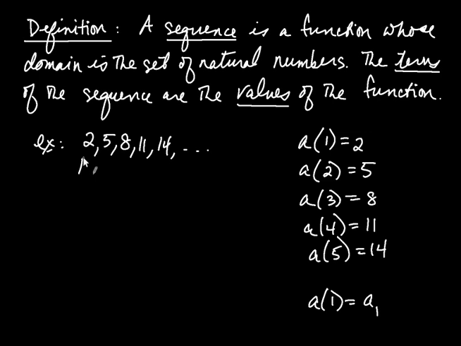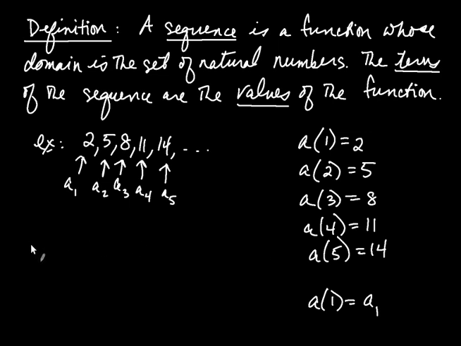That term right there is the first term of the sequence. When you plug in 1, you get 2. That would be a sub 2, the second term. There's the third term of the sequence, the fourth term, and the terms of the sequence are always the output of the function. You never see the underlying natural numbers except in this context.